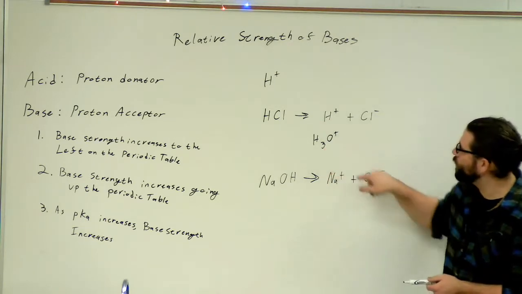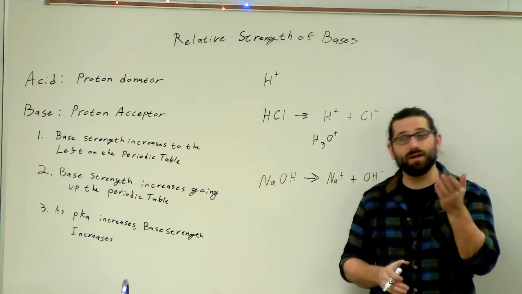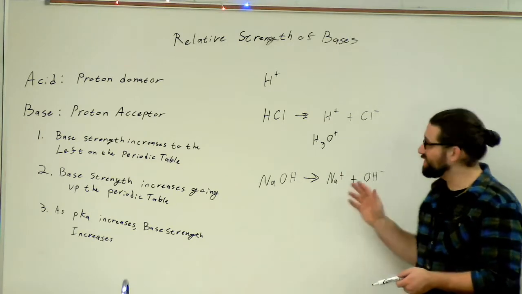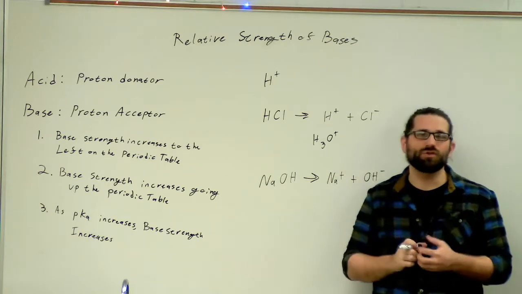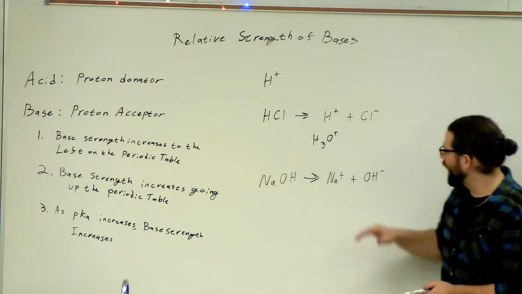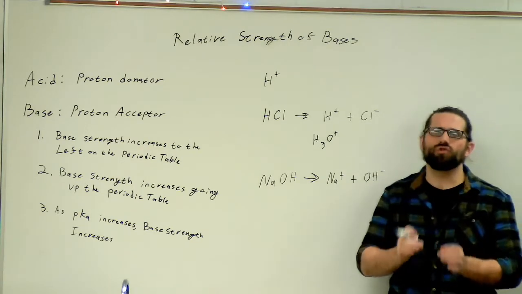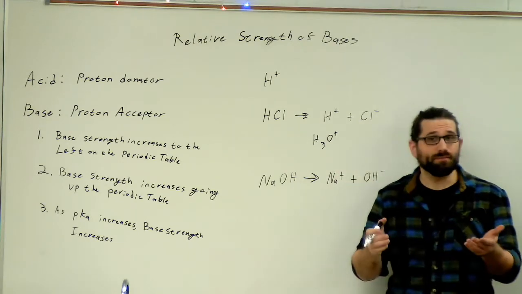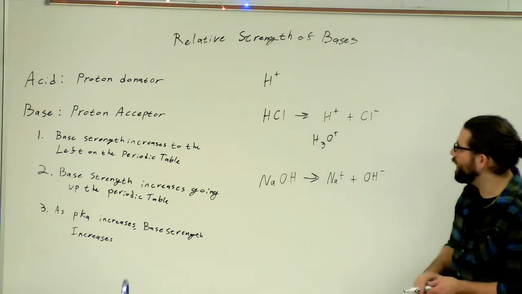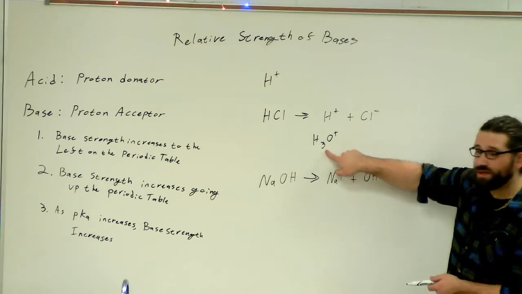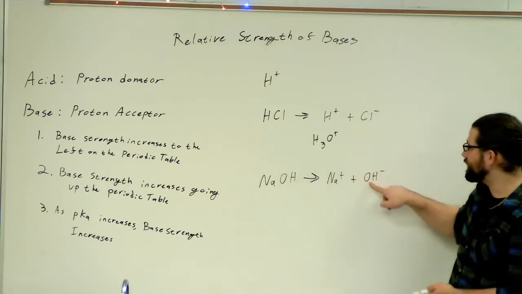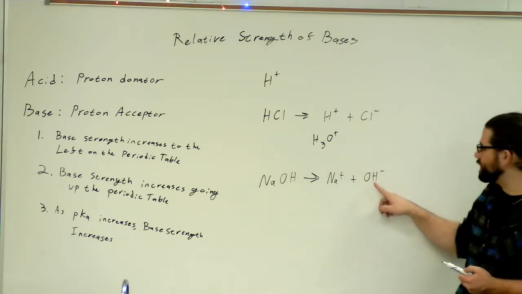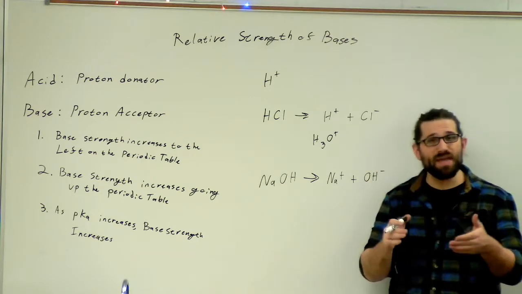It's going to snatch that proton away from the hydronium ion. So hydroxide is a very strong base. H3O+ is, by definition, an acid. This is what we're looking at. So this, in this case, would donate the proton, and this hydroxide would accept the proton. So this OH- is a base.